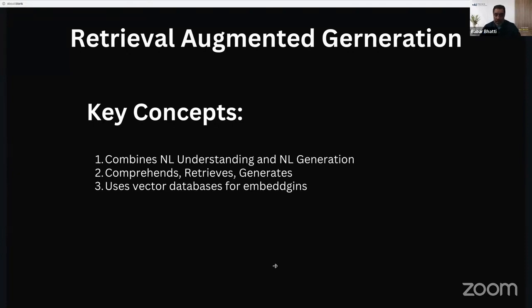The main thing is you have to first understand the question, then find the best relevant information, and then generate the answer. It uses a special kind of database called vector databases for embeddings of the text. Embeddings capture the essence of the meaning from text and store it so that when you want to compare and match a question with an answer, you can do it through embeddings.